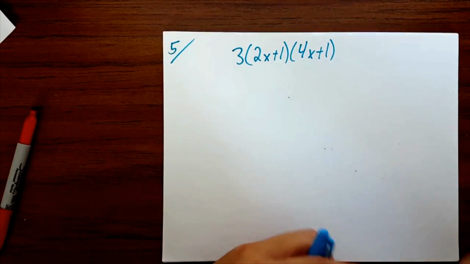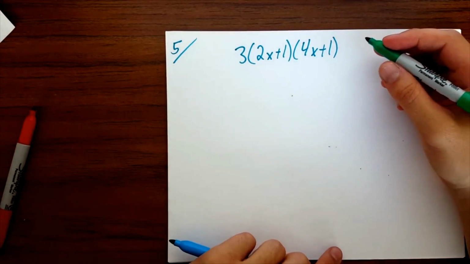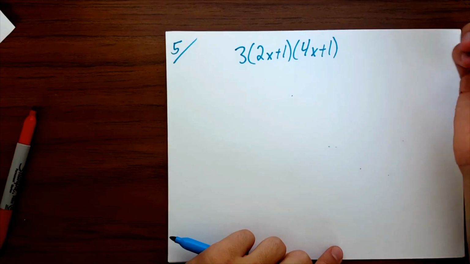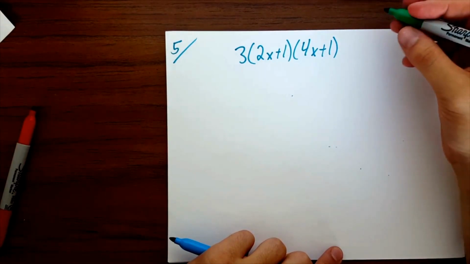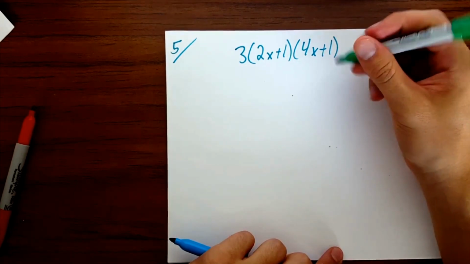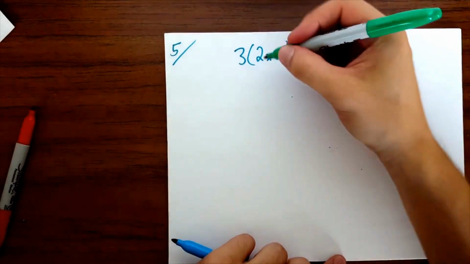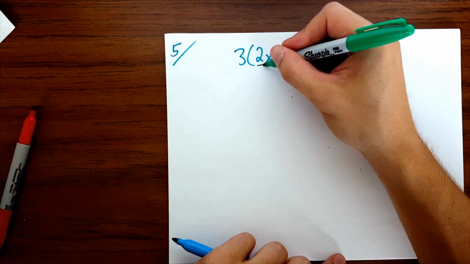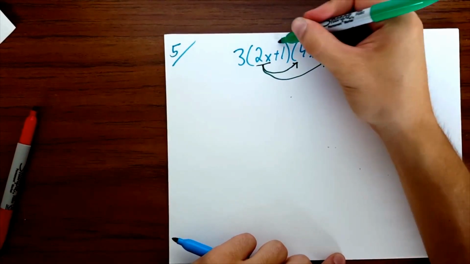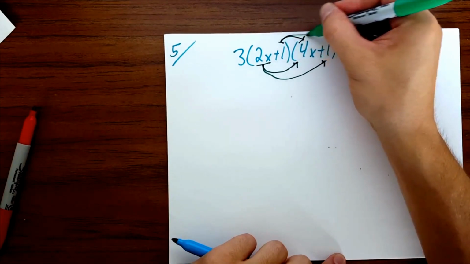The way that you do that, again, is it's called FOIL in my day: first, outside, inside, last. That means you multiply this to these two, and then you multiply this to these two.